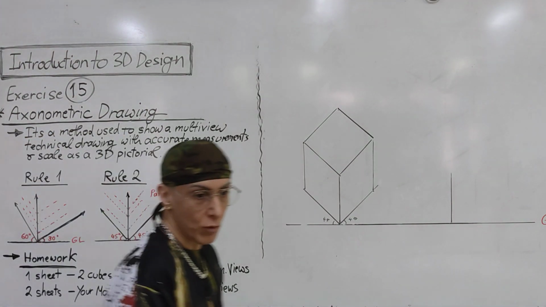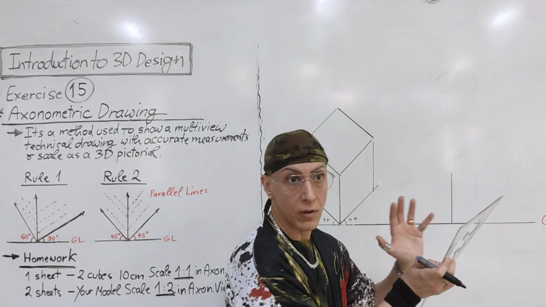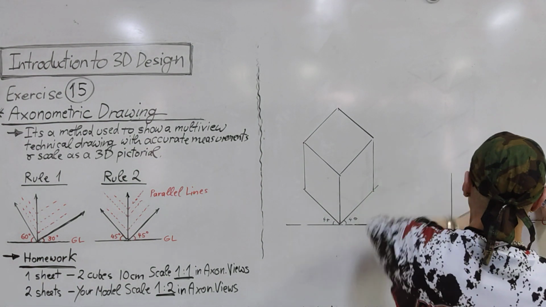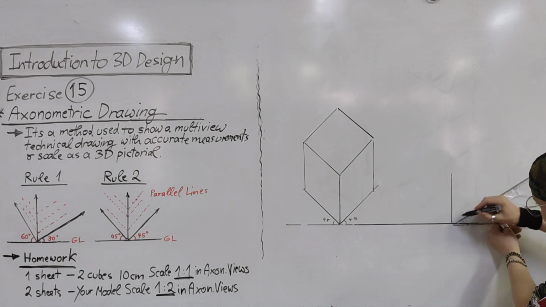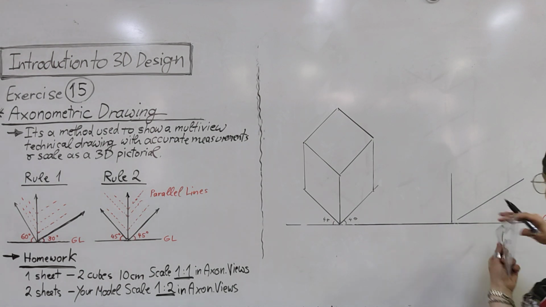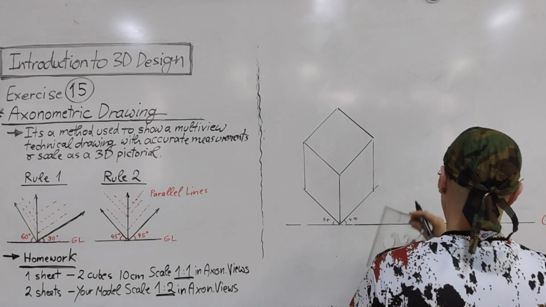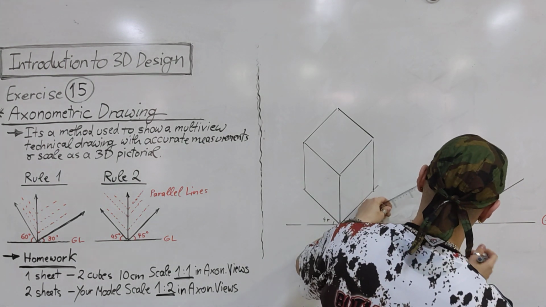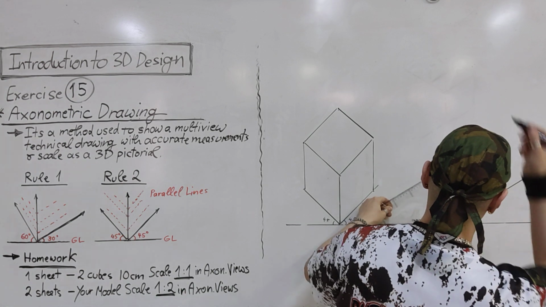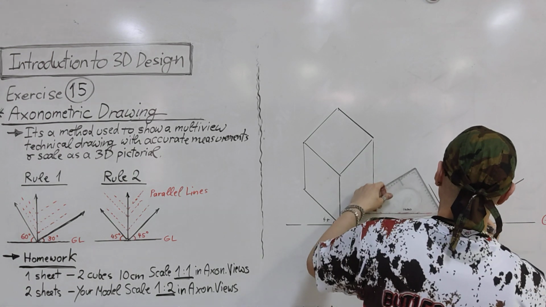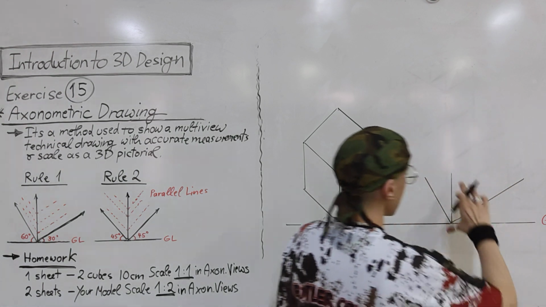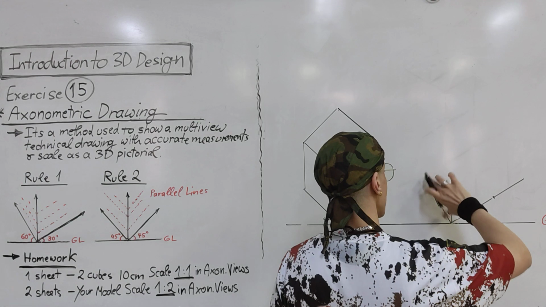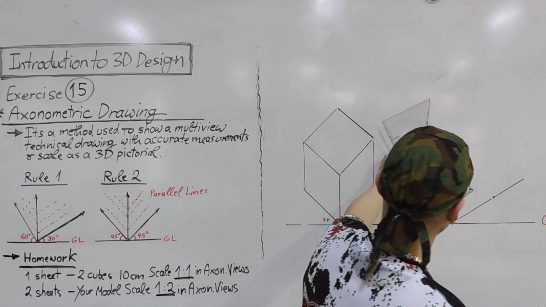So if you have an object and you want to show more of a certain side, you will put the 30 degree on that side. And again, 10 centimeter means 10 centimeter here, and 10 centimeter here. Then straight lines up.